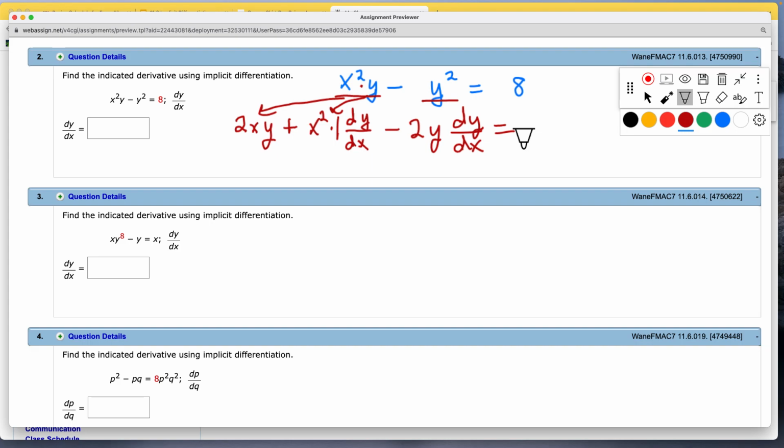And then the last step is to take the derivative of what's on the right side. Derivative of 8 is 0. Okay. So we've taken the derivative of every term, both on the left and the right side. Calculus is done. The rest of this is algebra, moving things around.